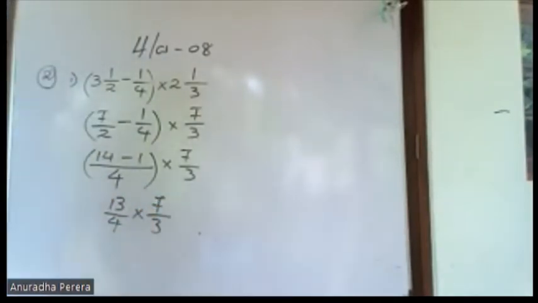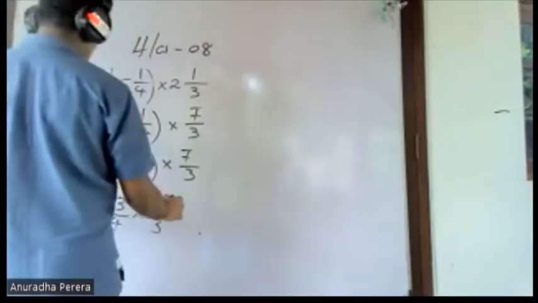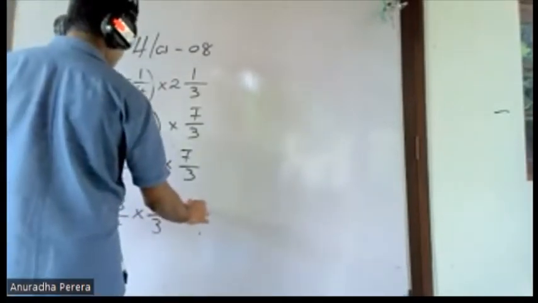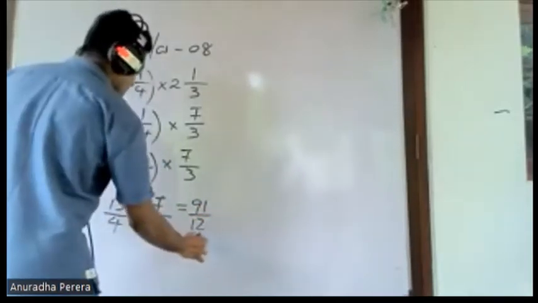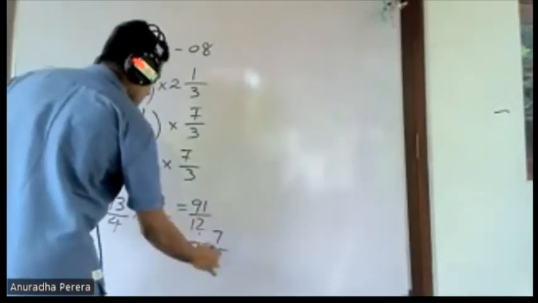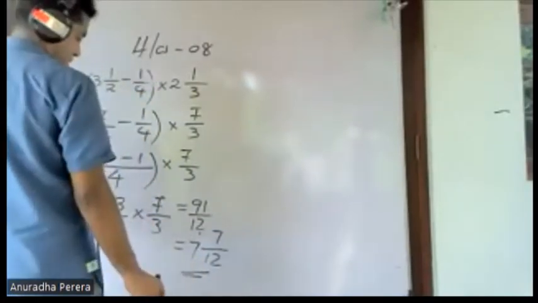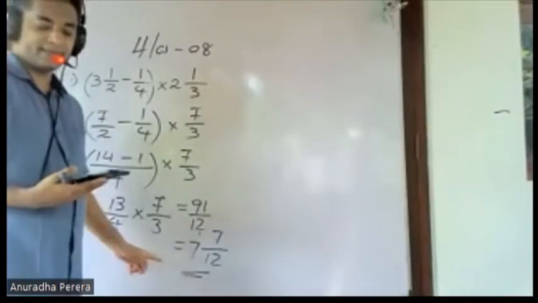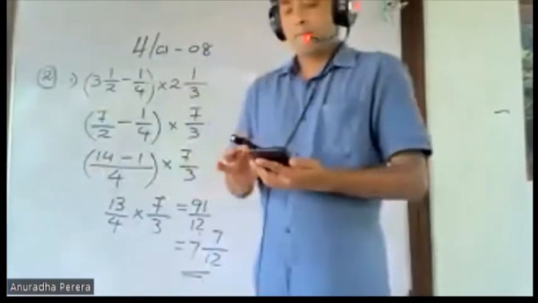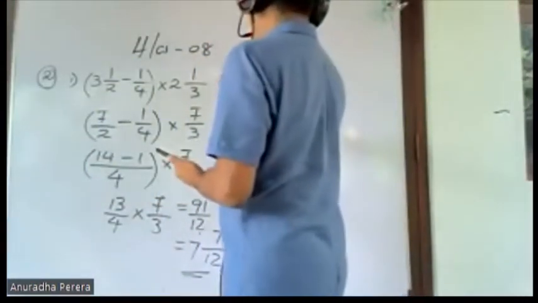No common factors. 91/12. 7 7/12. Is this the answer? Yes, sir. Second one.